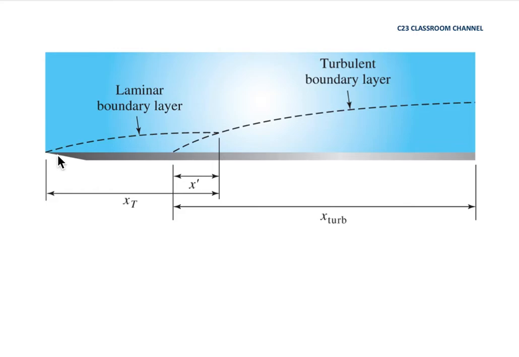But in the previous lesson, we calculated only a 100% laminar boundary layer or a fully turbulent boundary layer. In this problem, we try to solve a situation where we have a part of laminar boundary layer before it turns into a fully turbulent boundary layer.